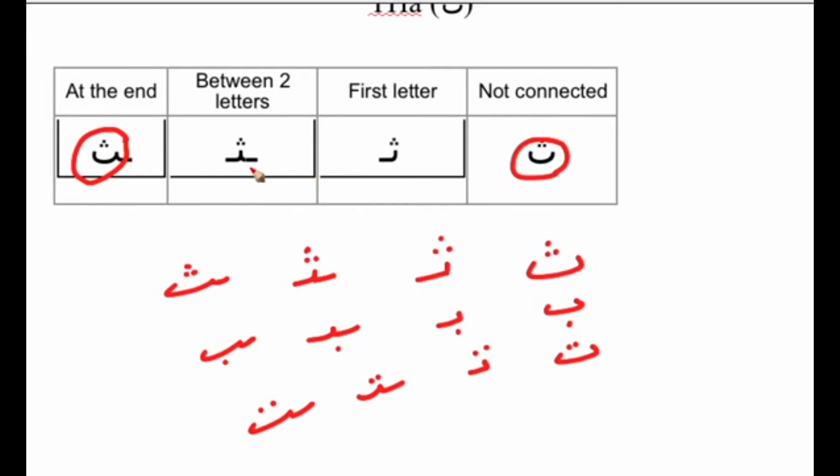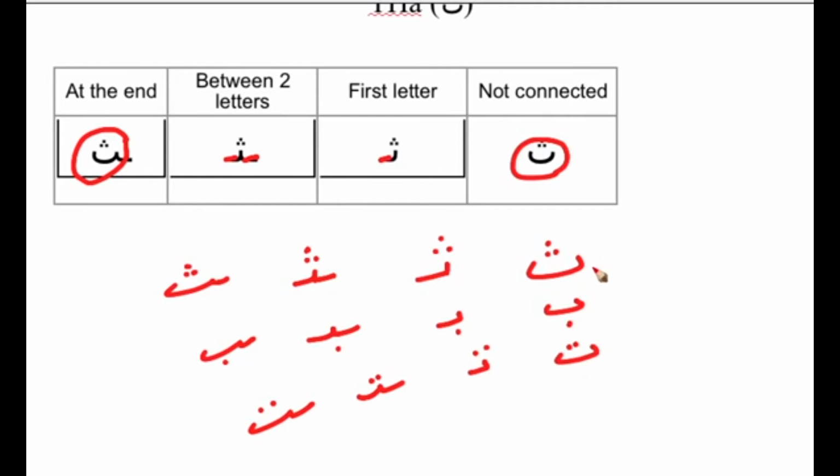So when we put them at the end, they go back to the original. In the beginning and in between, they change, because in the beginning there is no connection, and we have to connect it, and this is how it can look with this connection. Here this is for connection, and this is for connection. All right. Now what we notice is that this letter has 3 dots on top, one letter has 1 dot underneath, and one letter has 2 dots on top.